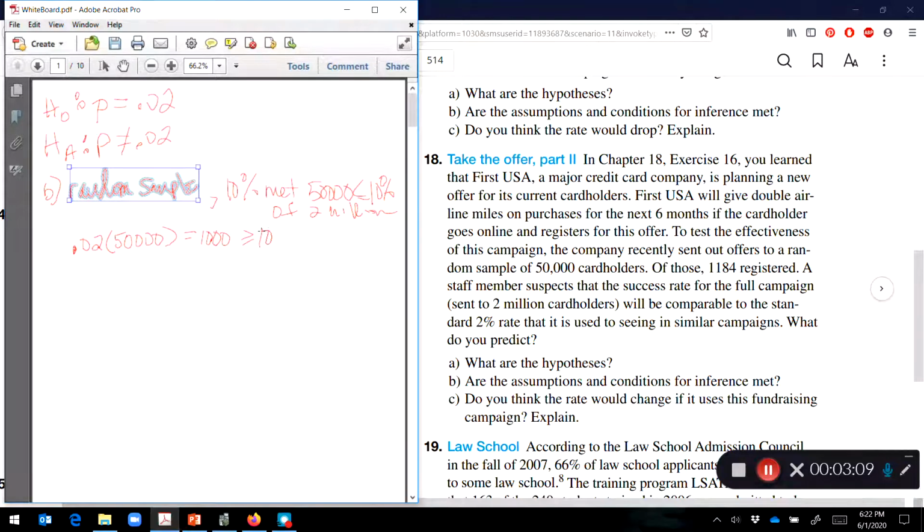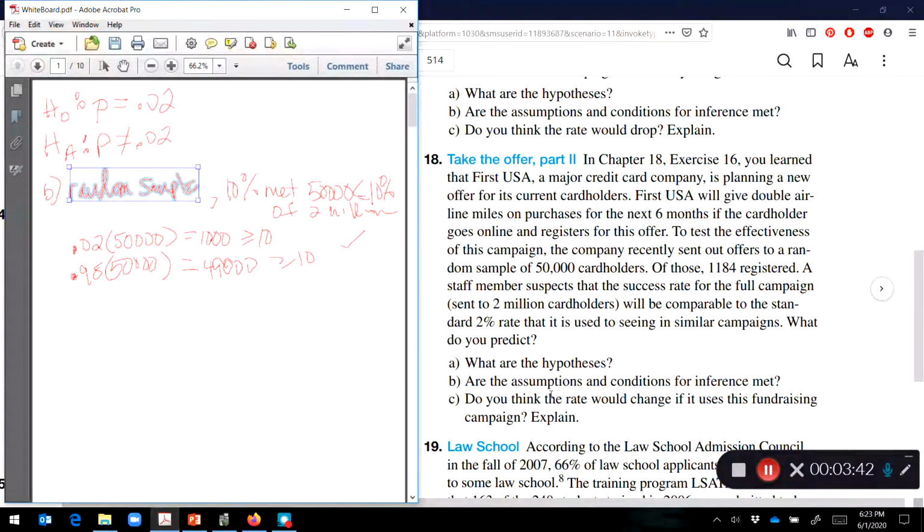That's bigger than 10. Now check our failures, the opposite amount: 0.98 times 50,000 is 49,000, and that's bigger than 10. So all of our conditions are met for inference, and we can proceed.